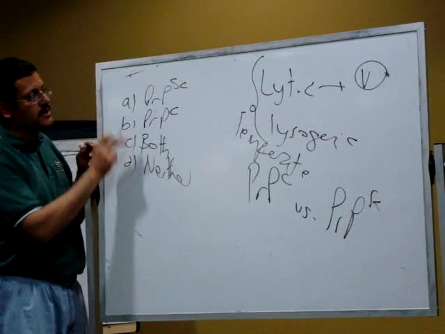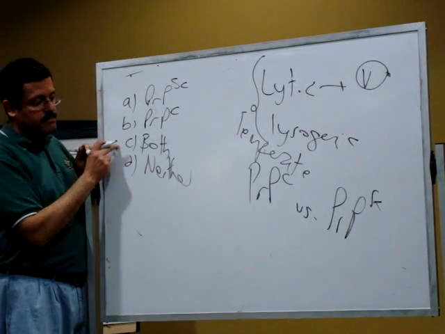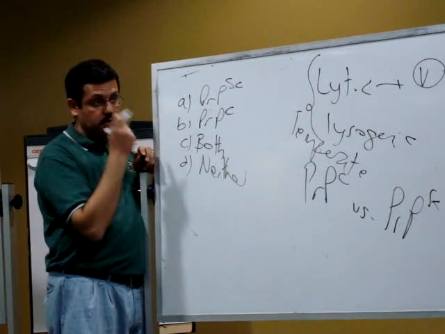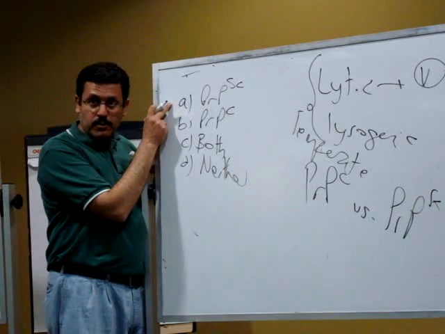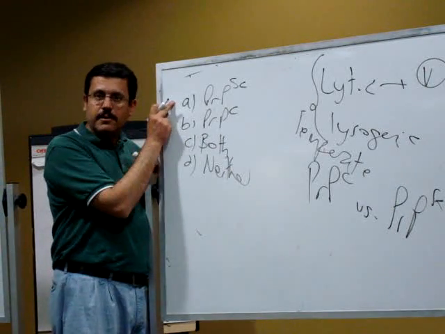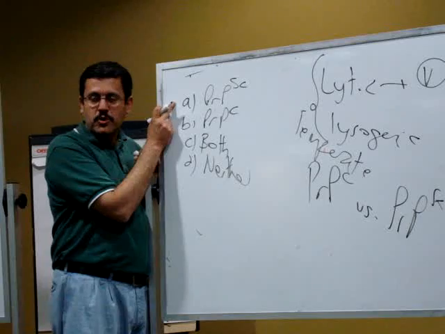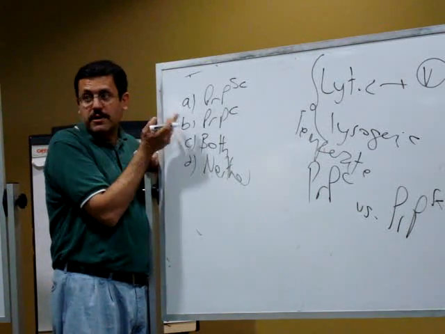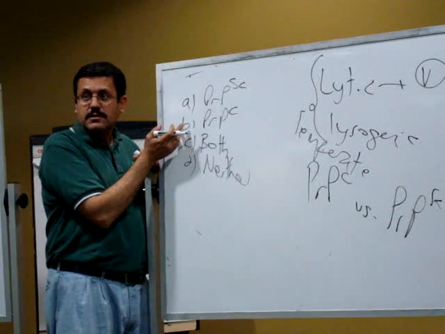Here's the question: PrP-Sc, PrP-C, both, neither. Which one of these is the abnormal protein? The scrapie is the abnormal. The normal is the cellular. Which one of these causes disease? PrP-Sc. Which one of these is made up of amino acids? Both, because these are protein.